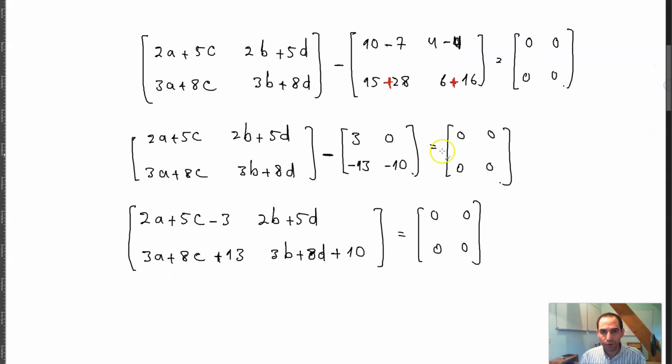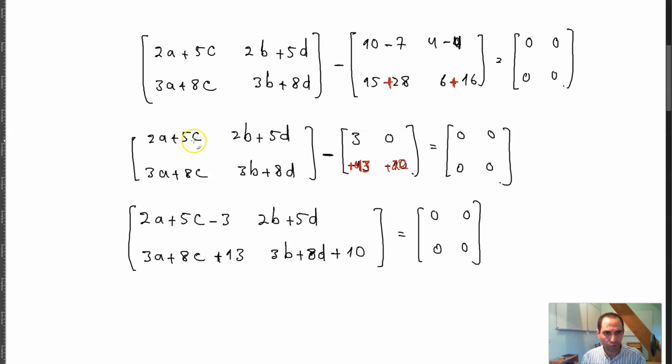Therefore, this is 2a plus 5c, 2b plus 5d, 3a plus 8c, 3b plus 8d, minus 10 minus 7 is equal to 3, 4 minus 4 is equal to 0, 15 plus 28 is equal to 43, positive 43, and 6 plus 16 is equal to 22, positive 22.